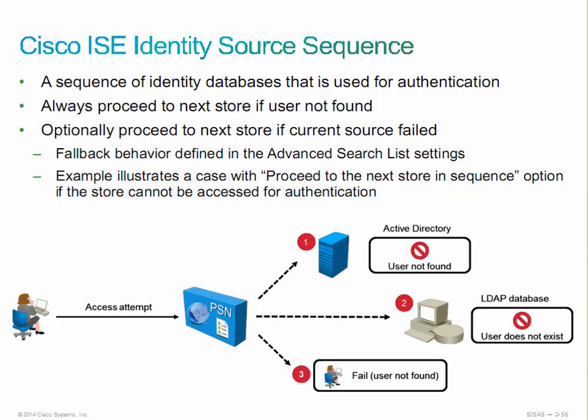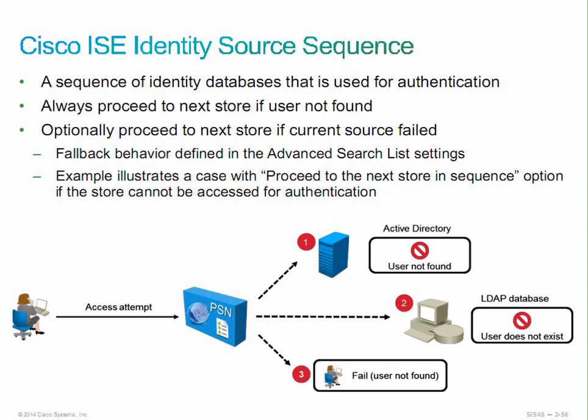Remember, we do have the ability with ISE to use different types of identity sources. The identity sources themselves contain user information that ISE is going to use to validate credentials during the user authentication process.